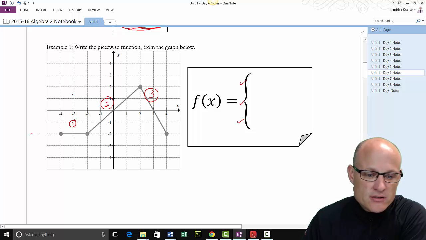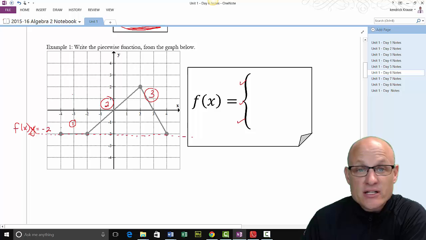If I drew this entire line in here, this would be the line y is equal to -2. But we're big boys and big girls now, we're not using y anymore, so this would be f of x is equal to -2.